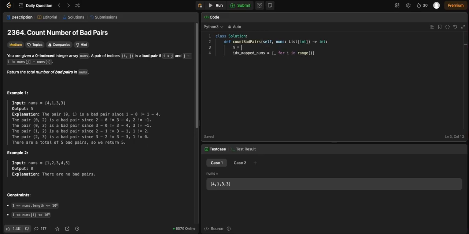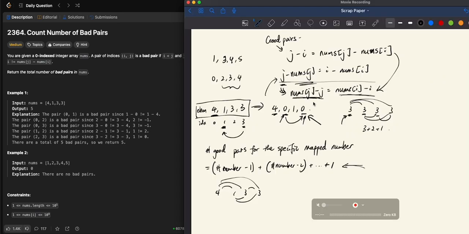We should really have n here as well, as the length of nums. We use n because that's just usually what they give. It could be more descriptive, but n is fine, I guess. Range n.